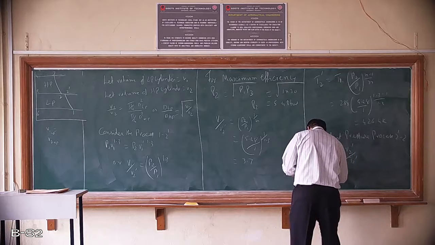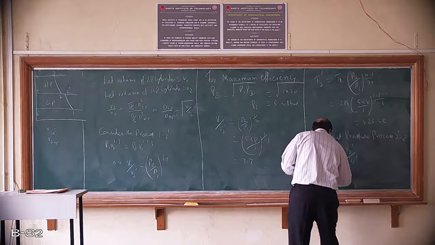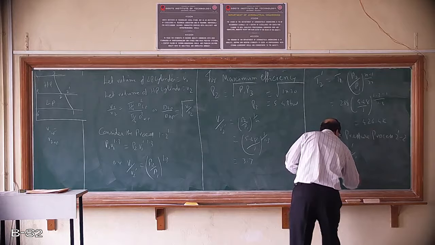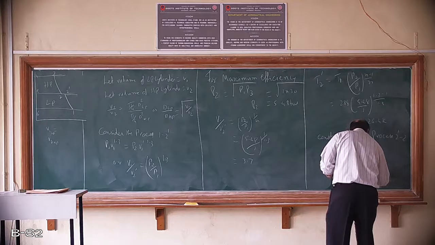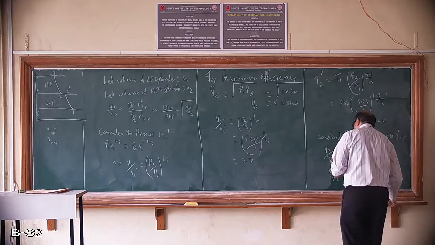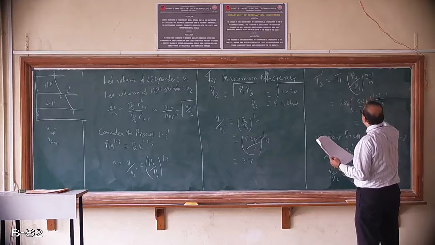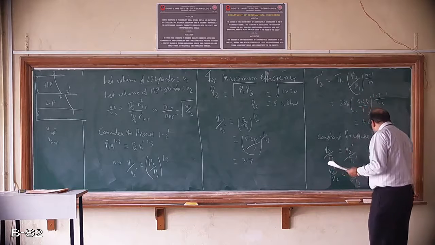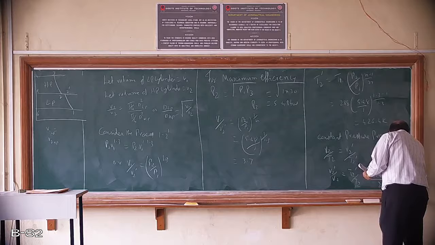So this will be V2 dash by V2 is equal to T2 dash by T2. This is 426.4 divided by 288. So the temperature T1 is equal to T2, so this will be T2 is equal to 288. We get this as 1.48.